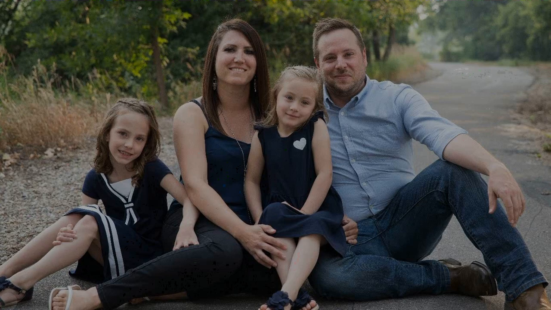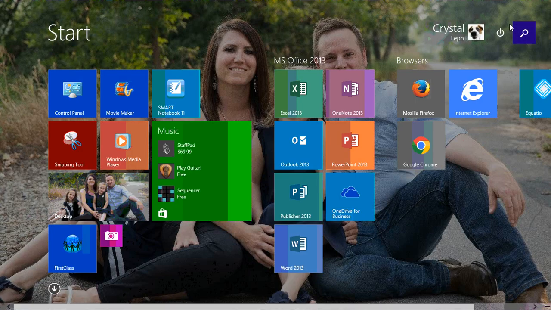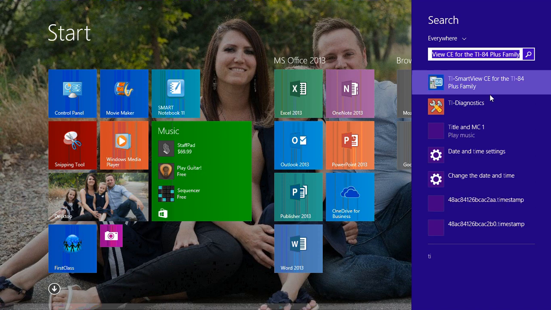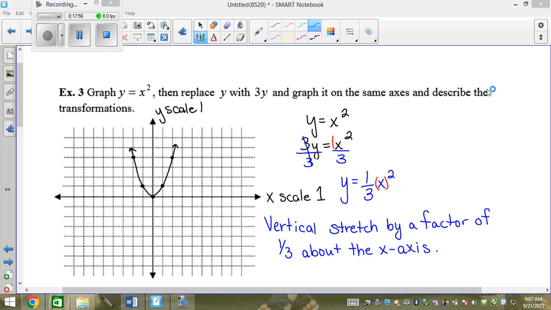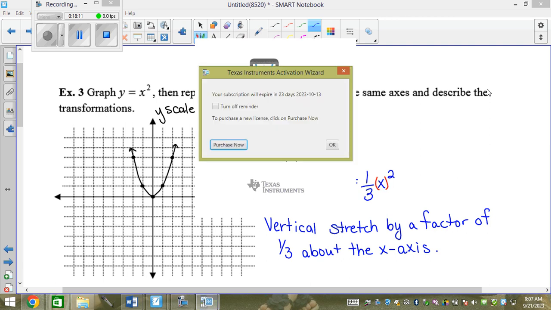Okay, grab out your calculators. Type x squared into your y1, and then type 1/3 x squared into y2. If you have the older calculators, you have to put the 1/3 in brackets or it doesn't know it's a fraction.